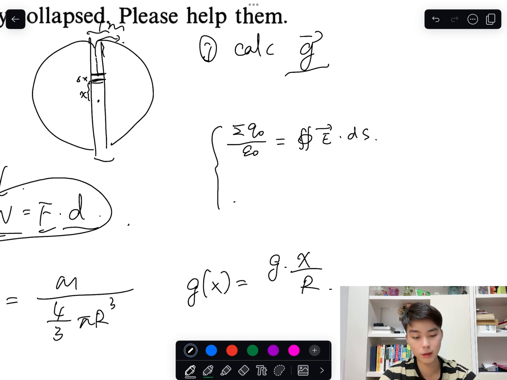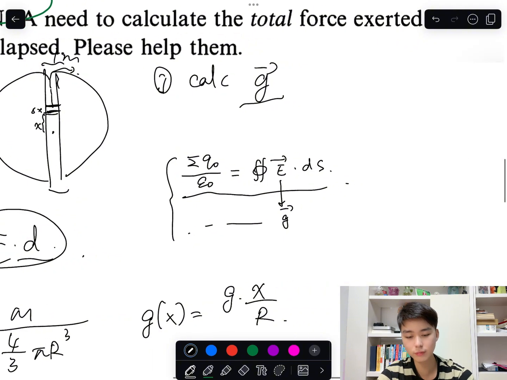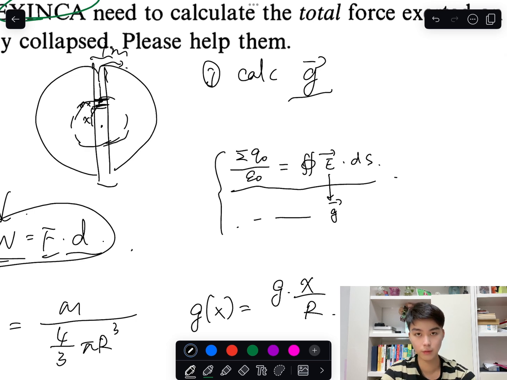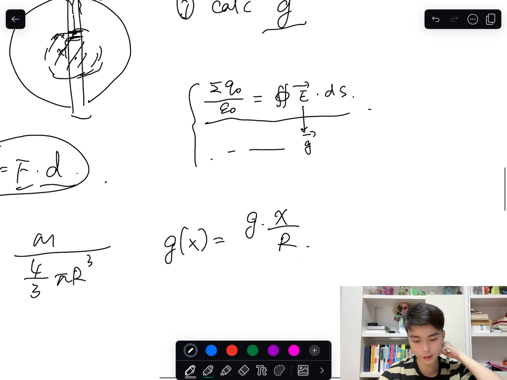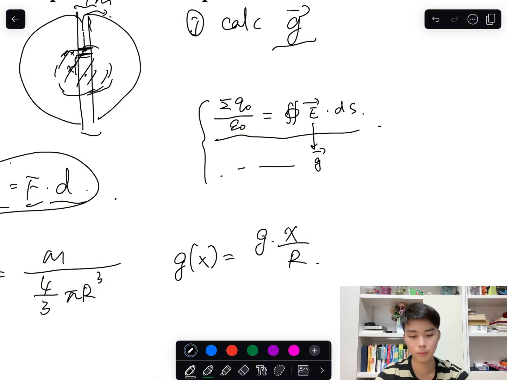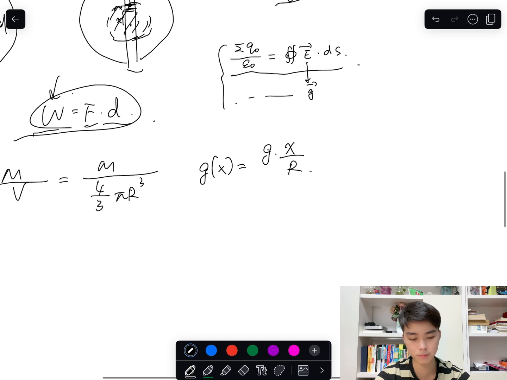It is very similar to the gravitational field strength case, just with the constant becoming g. Here the field strength depends only on the inner part. The outer part has no contribution to it. So it is actually a linear model, and you must have known that from past problems.